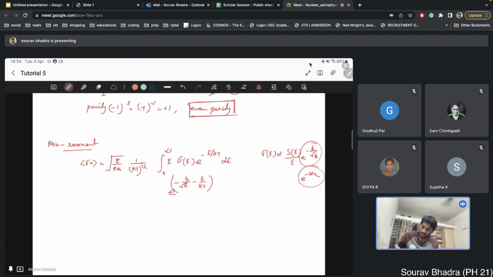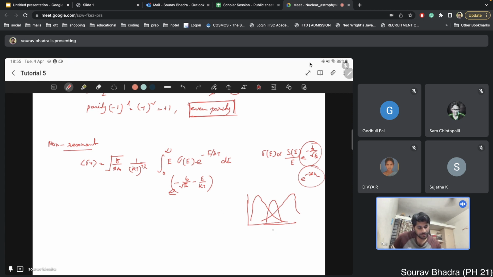So the understanding is that our cross section varies with the energy, whatever the plot will be, but it is a continuous, smooth function of energy. Then we found that with the Maxwell distribution and e^(-b/sqrt(E)), there will be a Gamow peak at an intermediate energy, which is the main energy range responsible for the reaction, the non-resonant part.